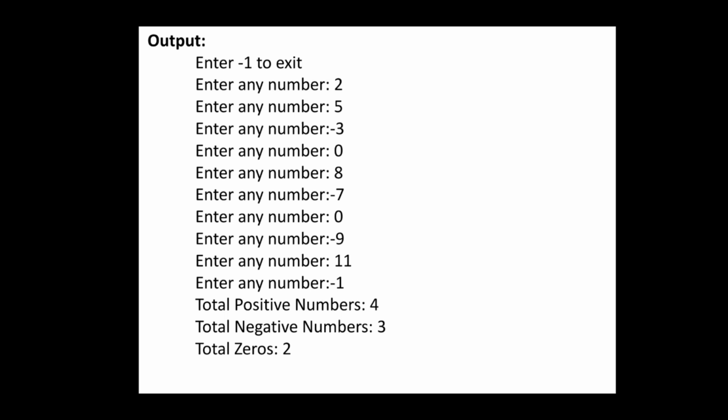So we get these values. First enter 2, then 5, then -3, then 0, then 8, then -7, then 0, then -9, then 11, and last -1. So total positive numbers equal to 4, total negative numbers equal to 3, total zeros equal to 2.